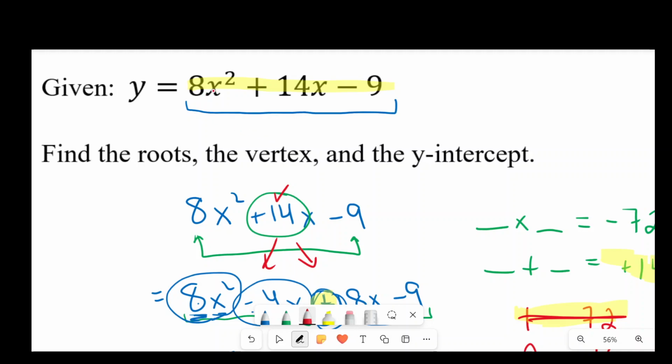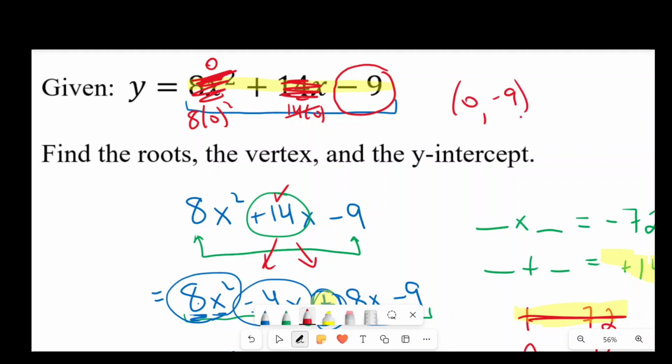So if I let x equal 0, well, 0 squared is 0. 0 times 8 is 0. So that whole term is just 0. Same thing here. This is 14 times 0, which is just 0. That whole term is just 0. So if x is equal to 0, the only thing I have left numerically is -9. So the y-intercept is -9.